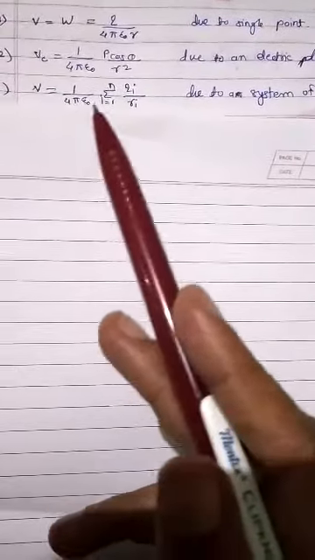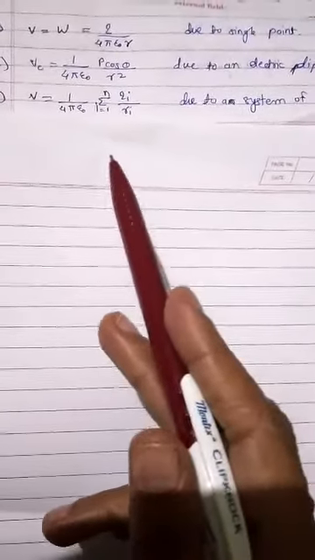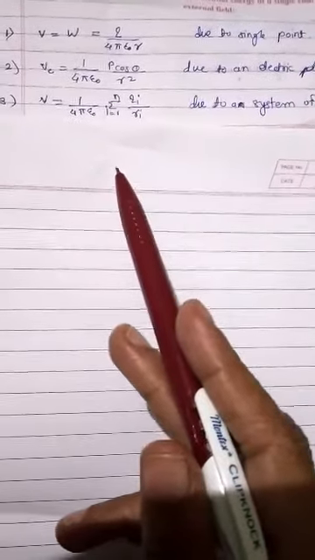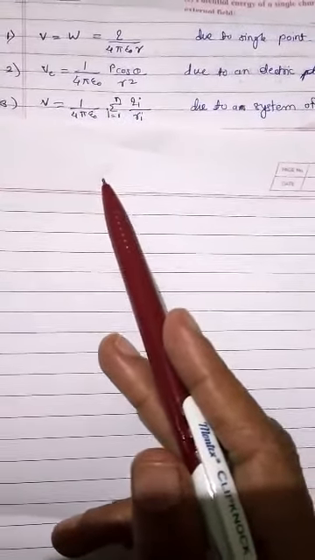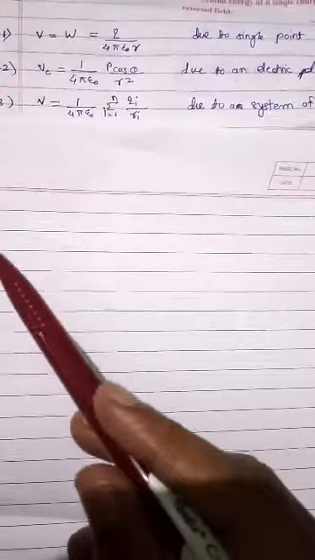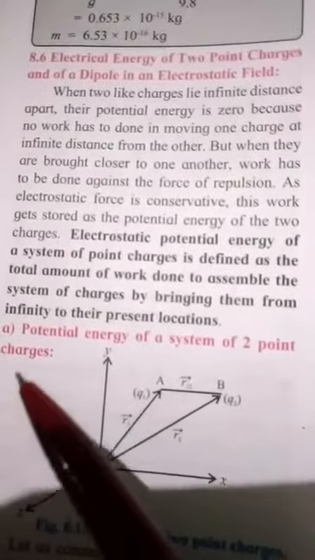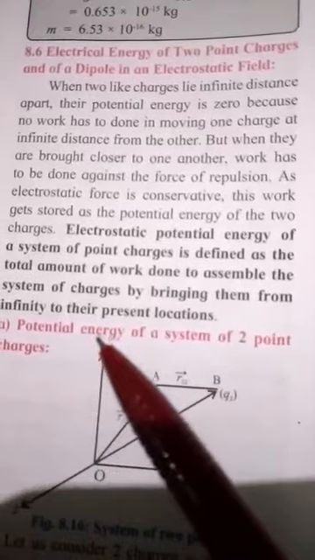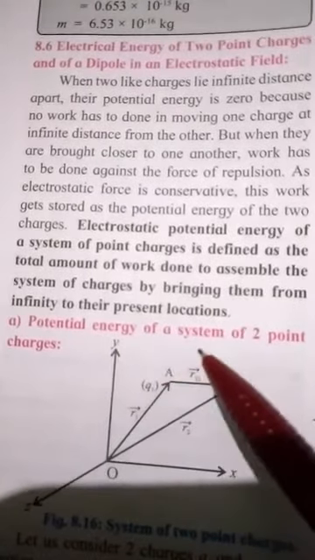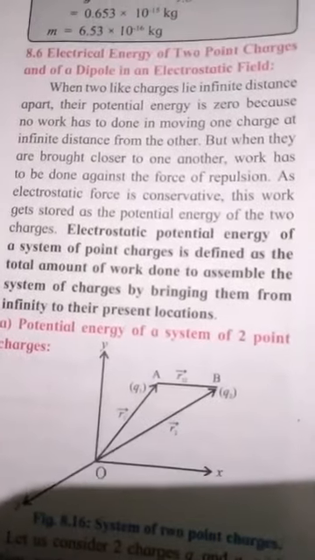Now our next point is the electric potential energy of two point charges and of a dipole in an electrostatic field. First we find the expression for the potential energy of a system of two point charges.